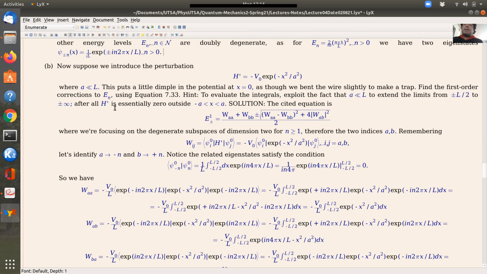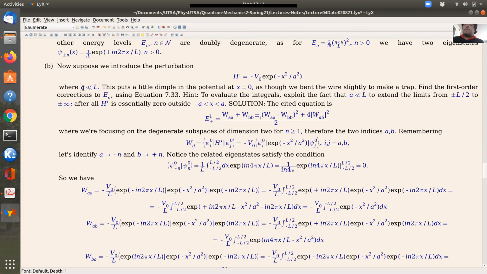And basically they're saying, well, H prime is essentially 0 outside this interval. That is because this is a very well concentrated Gaussian where a is very small. So it's basically non-zero only in that small region, and then outside you can approximate it as 0. Meaning that it has very small values, the exponential decay is very fast, especially for a Gaussian.